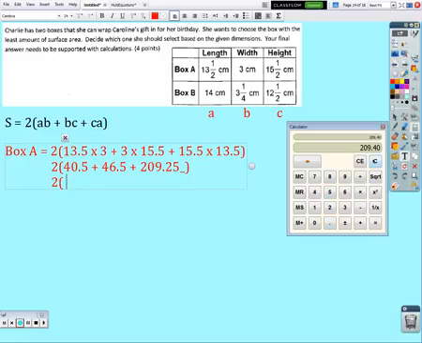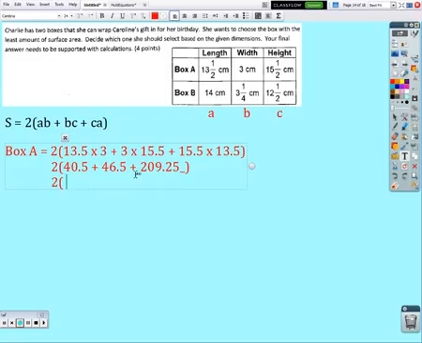40.5 plus 46.5 plus 209 and a quarter is 296 and 25/100. We good with that? What must I do next?